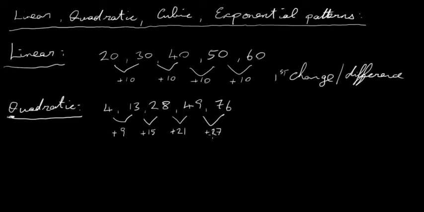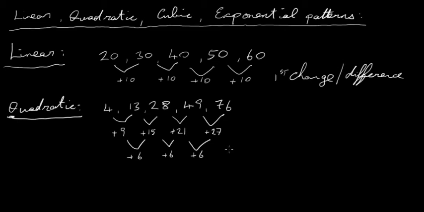Okay, so we can see this is our first change, or first difference, and the numbers are not always the same. So what we're going to do is do it again. The difference between 9 and 15 is plus 6. Here it's also plus 6, and between 21 and 27 is also plus 6. This was our first difference.